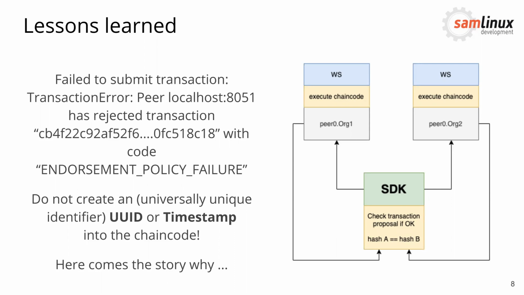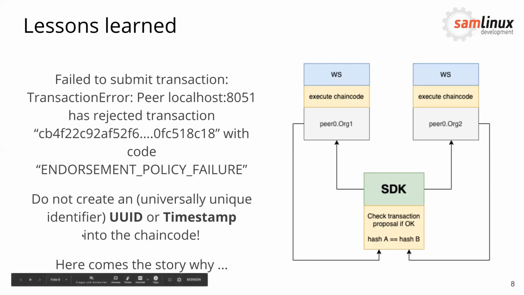And I used the OR operator, and it works, because only one peer has to successfully endorse this transaction. But when I try this with the AND option, so that the second organization also has to endorse the transaction, and both organizations must come to the same result, then that can't happen.